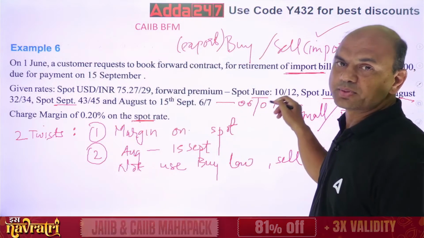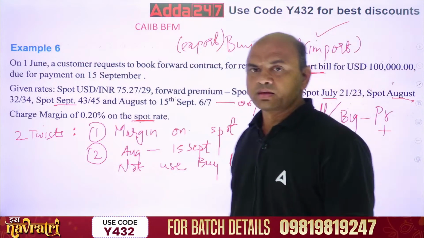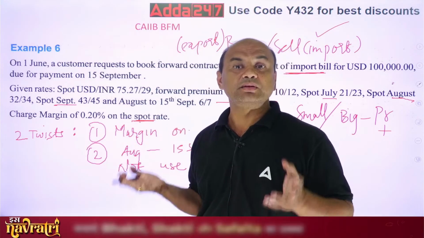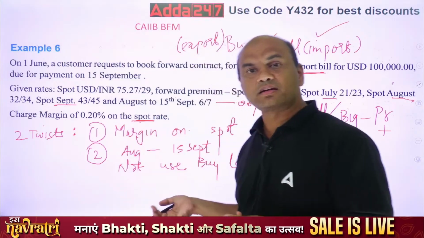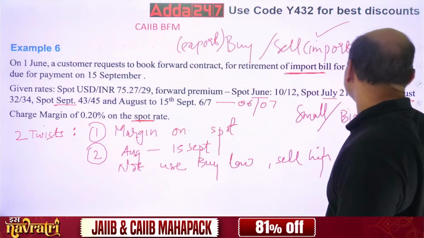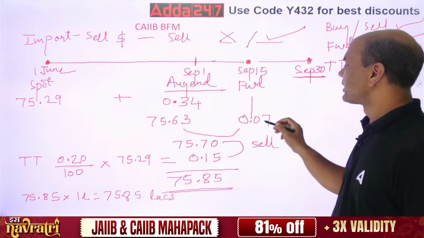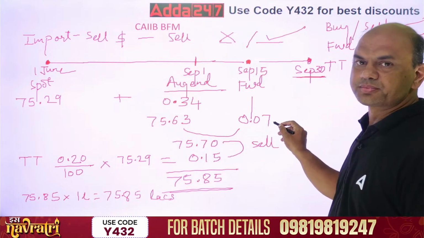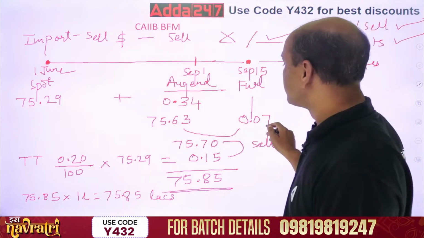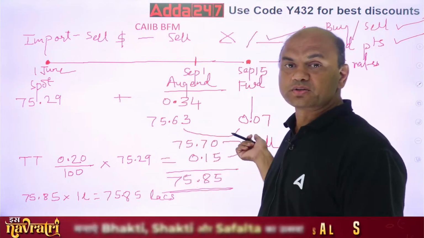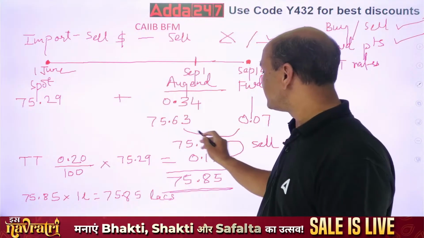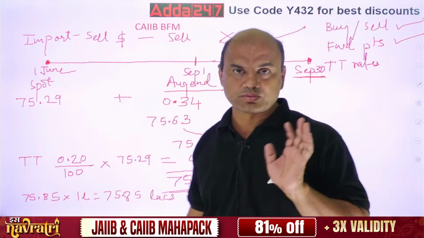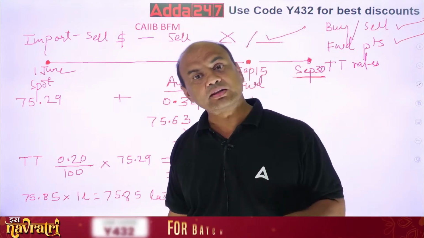Right side is bigger. If the right side is bigger, what does it mean? It means the currency is in premium. So again I'll add it. Right? Clear? So I'll add this now. See this, 75.63 plus 0.07. So 75.70.